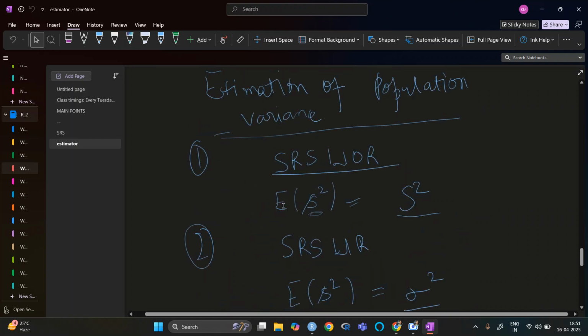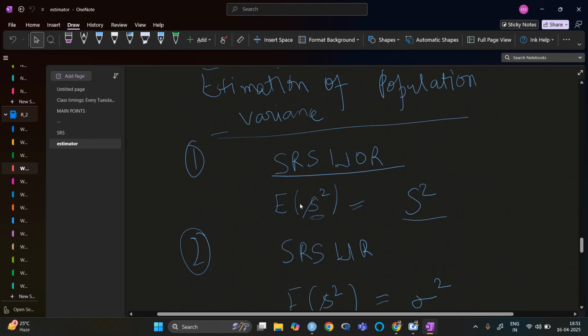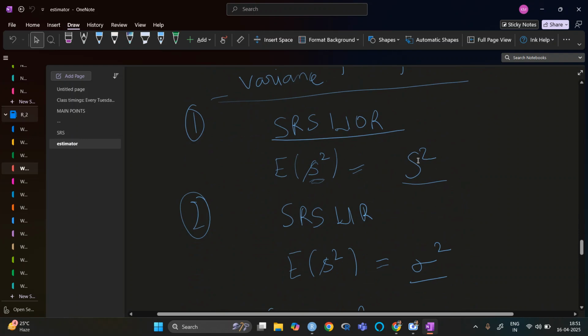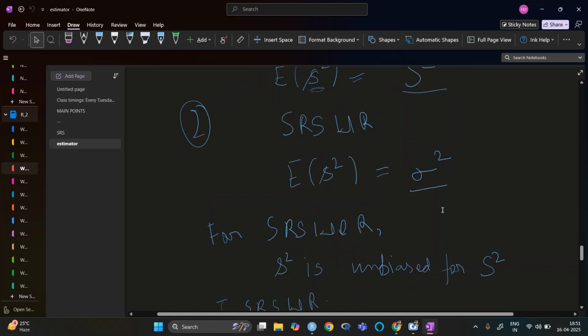Now the estimation of population variance. This small s square is the unbiased estimator of capital S square in without replacement. In with replacement, small s square is the unbiased estimator of sigma square. The difference between S square and sigma square is that here it is 1 upon n minus 1, and here it is 1 upon n.